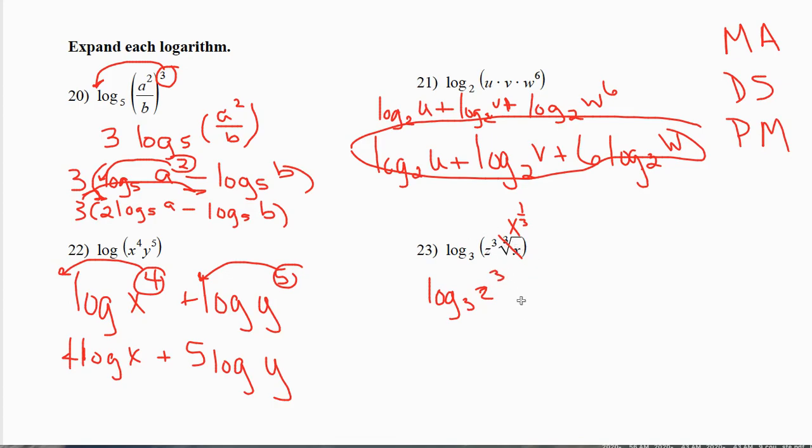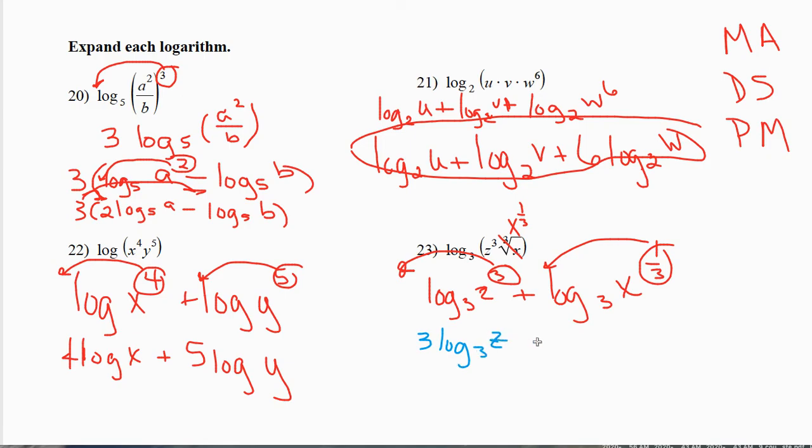Because we're multiplying these two, we're going to be adding plus log base 3 of x to the 1/3. And then we just move our exponents out in front. So our final answer is 3 log base 3 of z plus 1/3 log base 3 of x.